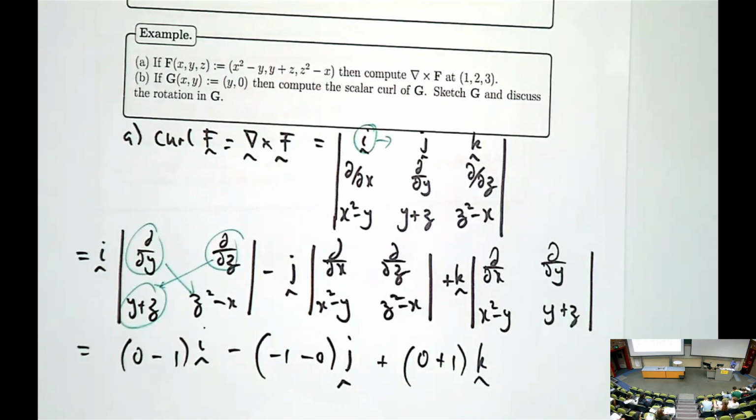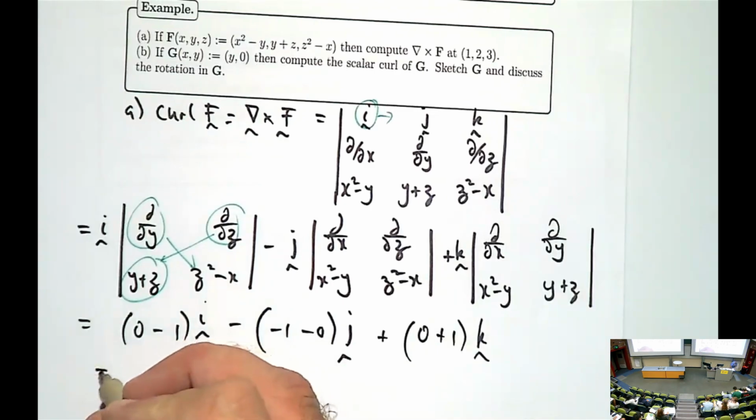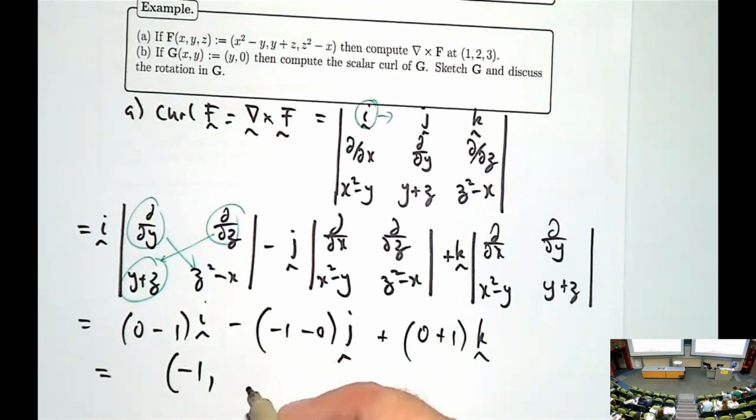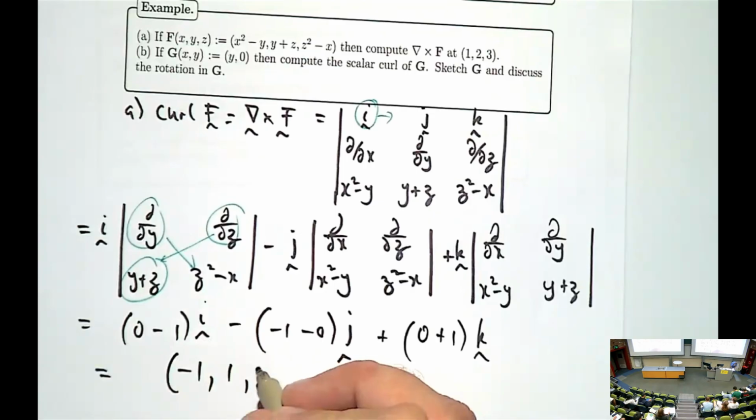Okay? So it's going to be something like negative 1, 1, 1.